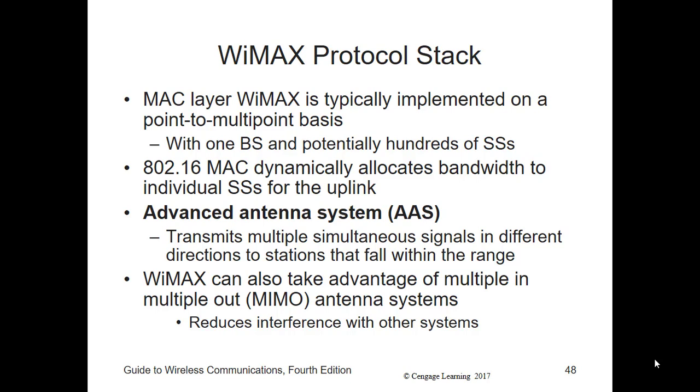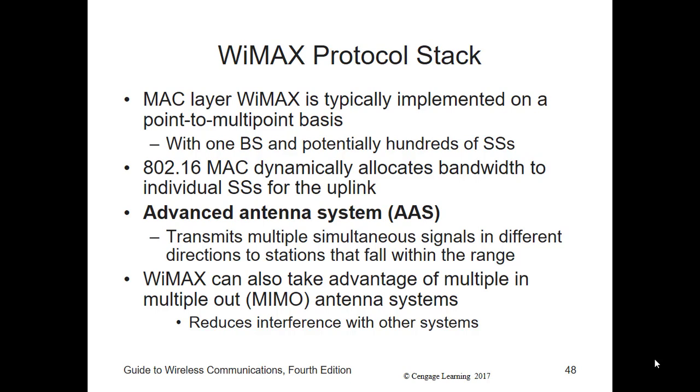Now, the point-to-multipoint WiMAX network usually operates with a central base station that can be equipped with either an omnidirectional or a smart antenna, which is also called an advanced antenna system. The AAS can transmit multiple simultaneous signals in different directions to different stations that fall within the range of each of the antennas.